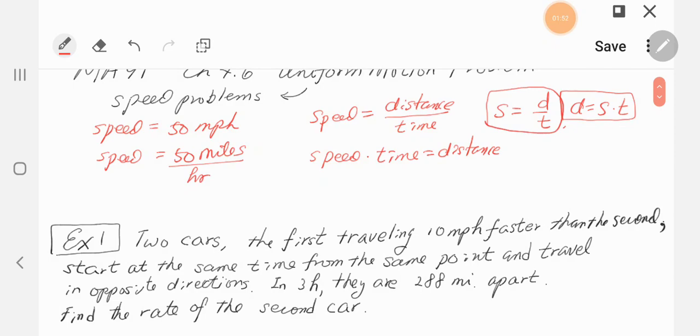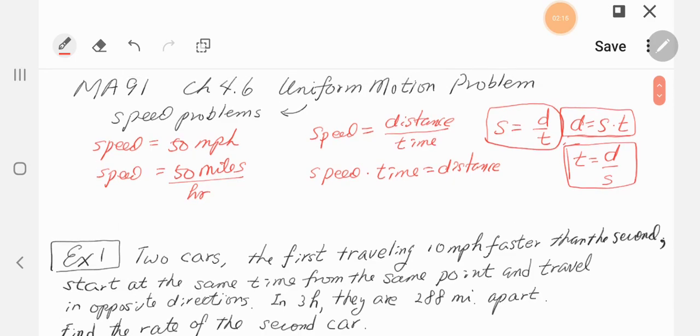There's one more. How about the time? The time is, from this equation, divide the equation by the speed. Then we have distance over the speed, right? So using the speed definition, we can derive three different equations. Speed is distance over time, because 50 miles per hour is distance over time.